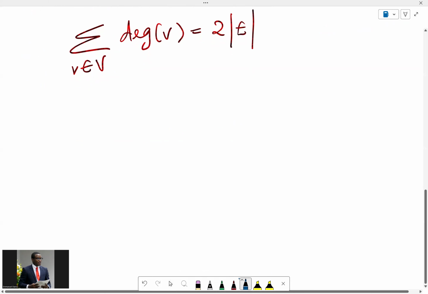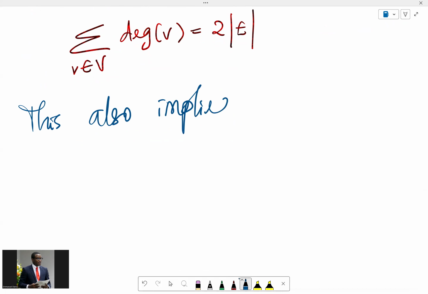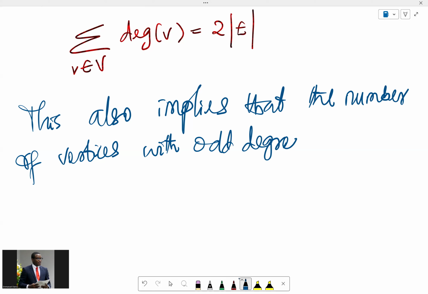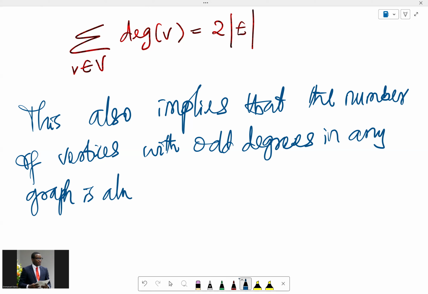This also implies that the number of vertices with odd degrees in any graph is always even.